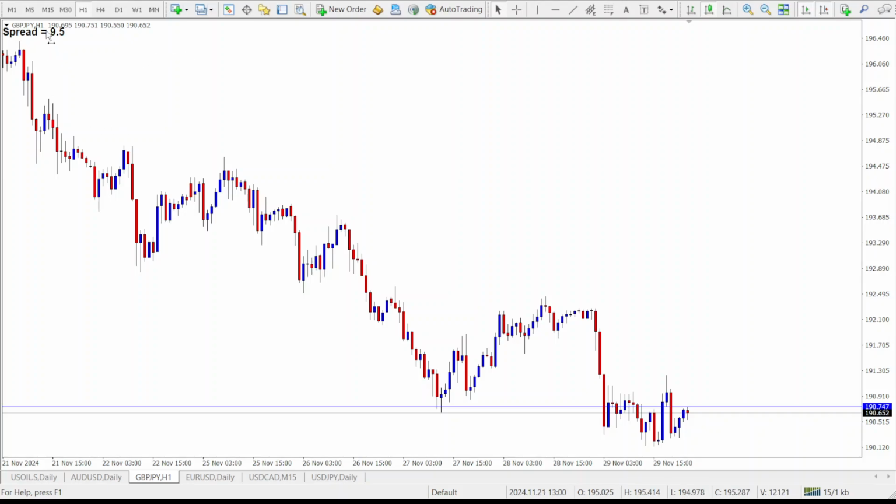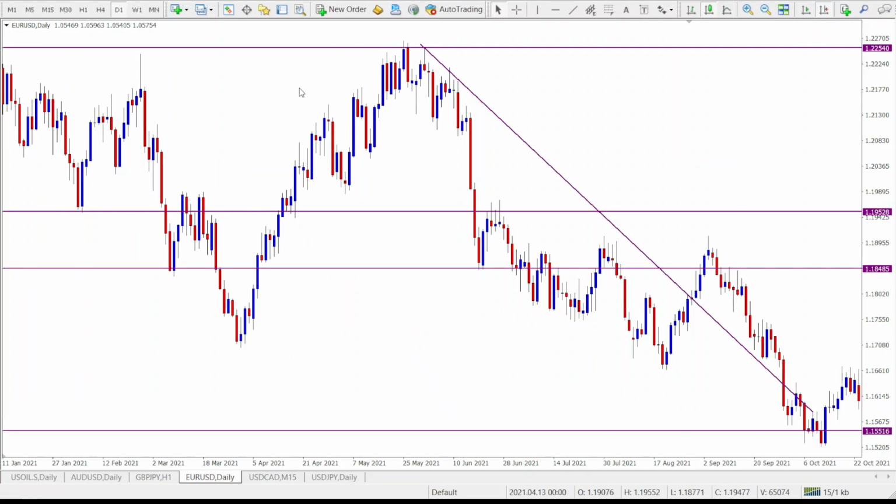Let's just quickly look at the settings for this indicator. If you want to modify the display size or the display color, you can go ahead and do that. Like I said already, this indicator is not for buy and sell signals. It's basically for tracking in real time the spreads of currency pairs.